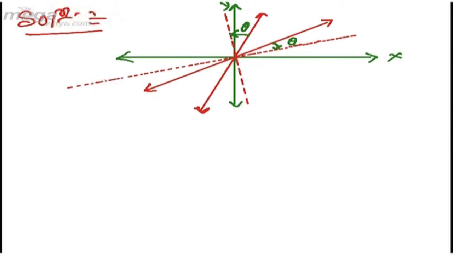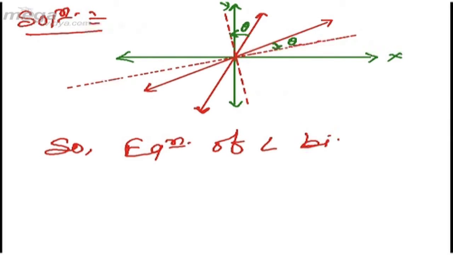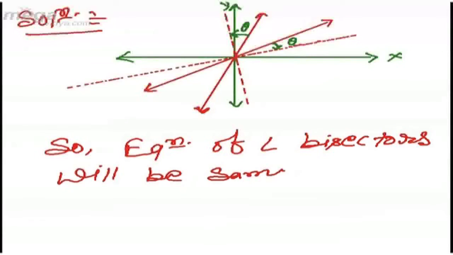It means there is no effect on the angle bisectors of moving the lines, one clockwise and one anti-clockwise. So the equation of angle bisectors will be same as the original.